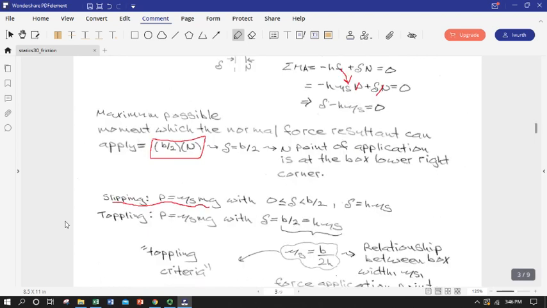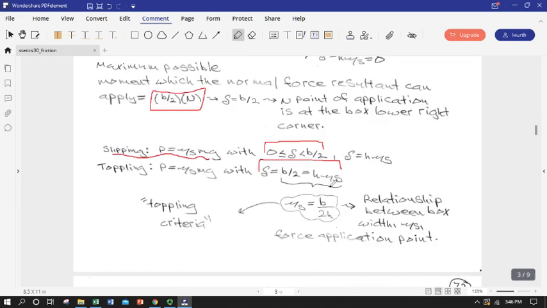So that's our slipping criteria. P can't get any bigger than mg times mu. And if we want to prevent toppling, it turns out we get the same thing. The only difference in the two is the distance over which our delta is defined. So we can throw that in.